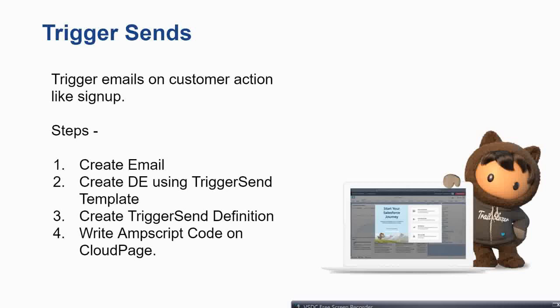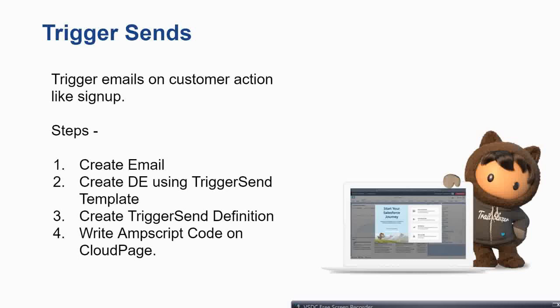I will discuss trigger send later in a different video, but there will be a form, let's say, and when the form is submitted, a set of AmpScript code will be run at the back end, and the user who has registered will get an email targeted to them.